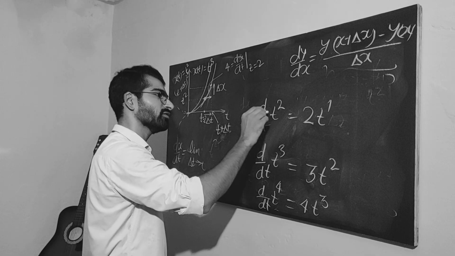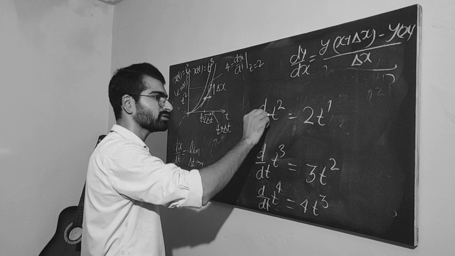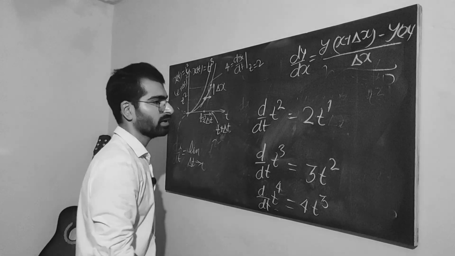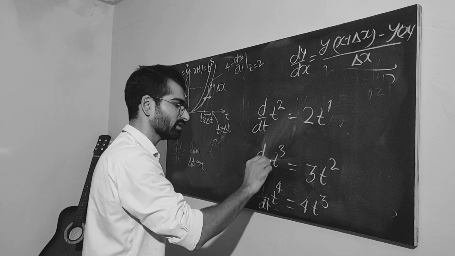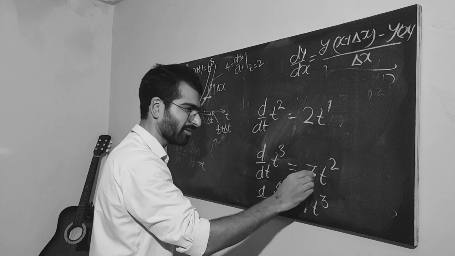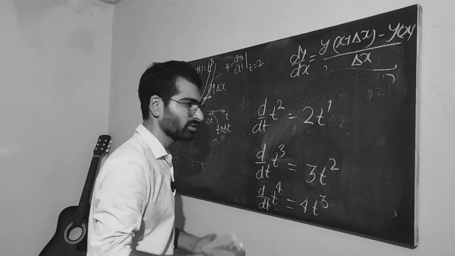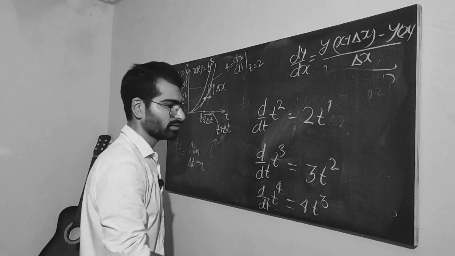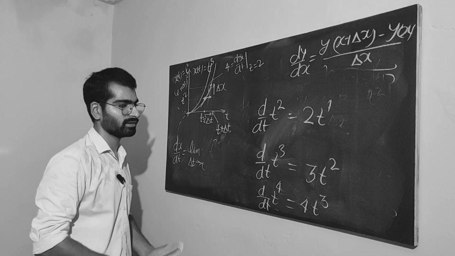When you take the derivative of t squared, 2 comes down and you are left with 1. And the same goes here. For t cubed, 3 comes down, and you lose 1, so you are left with 2. So I hope you can see the pattern.